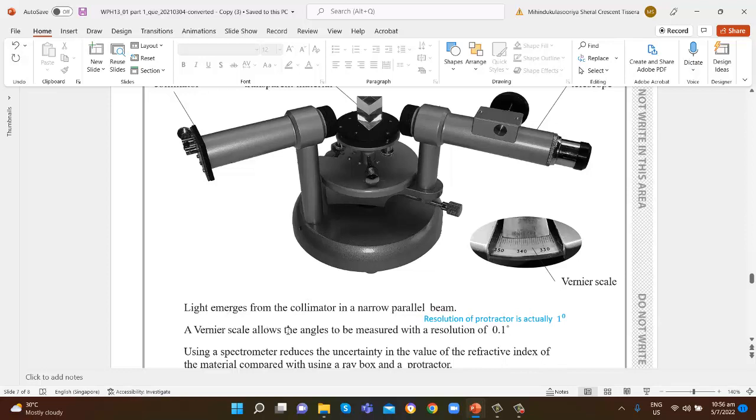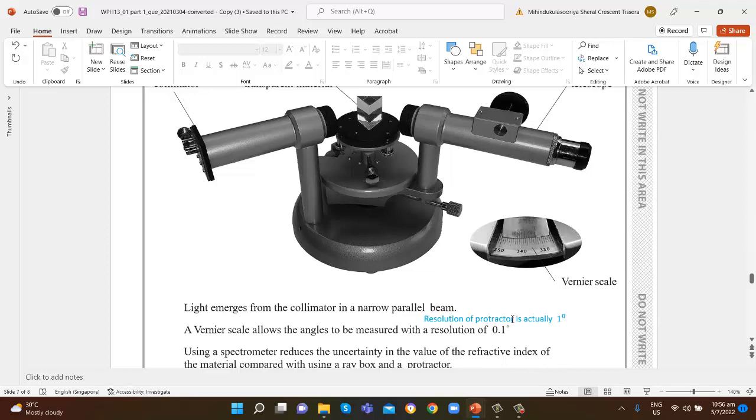A vernier scale allows the angles to be measured with a resolution of 0.1 degree. What does this mean? 0.1 means in vernier scales you are getting one decimal point. Now see, for a protractor it is 1, not a decimal, a whole number, 1, 2, 3 like that.